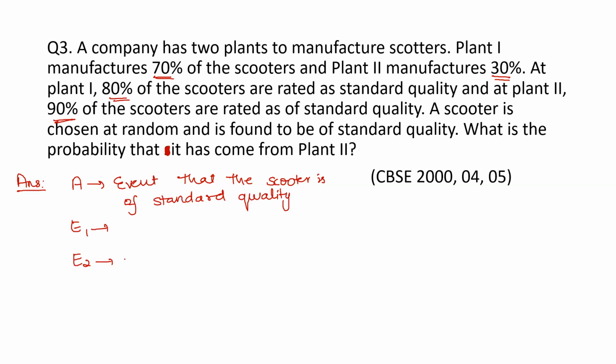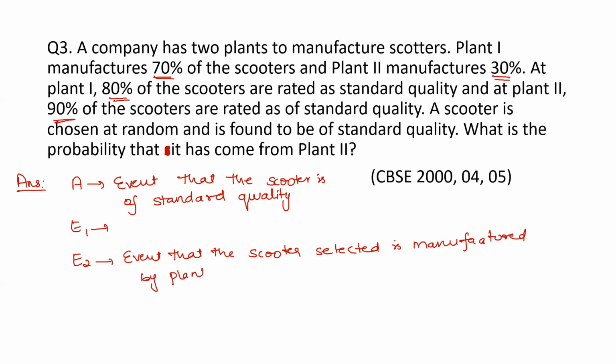So we can say this is the event that the scooter selected is manufactured by plant B. I am taking this as 2 so that you will not get confused.